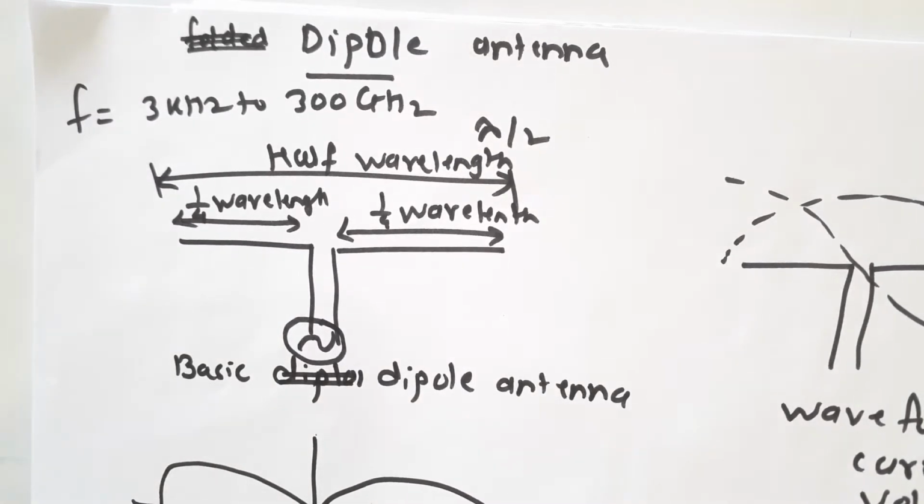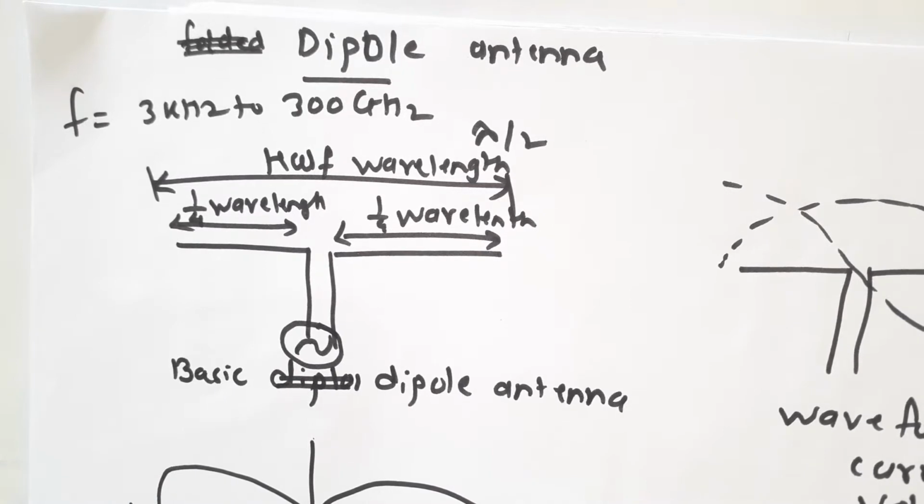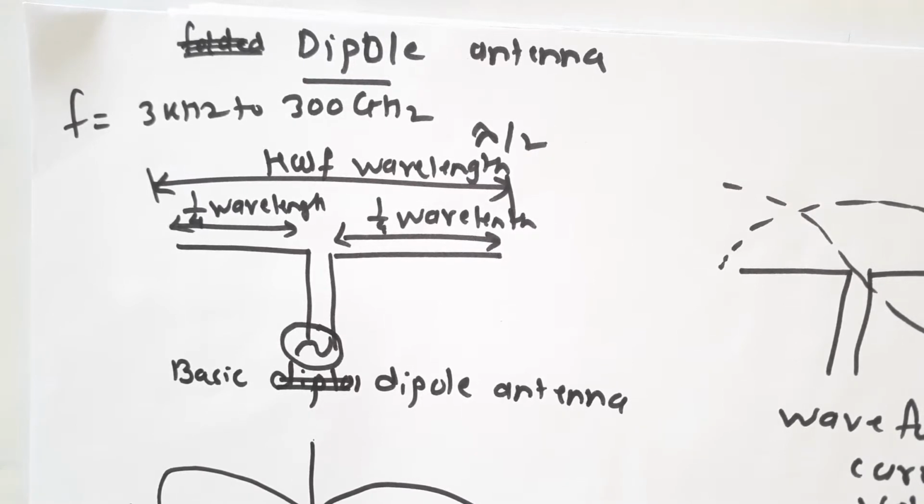Hello students, today we will see the different types of very high frequency, ultra high frequency, and super high frequency antennas. The very high frequency is 30 to 300 megahertz, ultra high frequency is 300 to 3000 megahertz, and super high frequency is 3000 to 30,000 megahertz respectively.